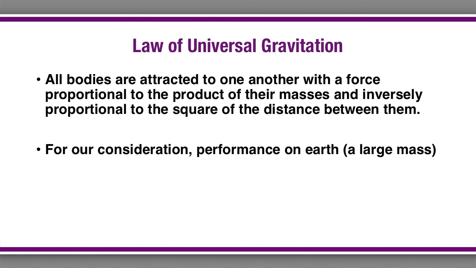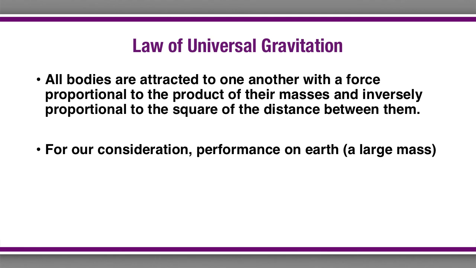Moving to the law of universal gravitation, this states that all bodies are attracted to one another with a force proportional to the product of their masses and inversely proportional to the square of the distance between them. Now, when Newton came up with this law, this overall states that every object has some type of gravitational pull towards another object.